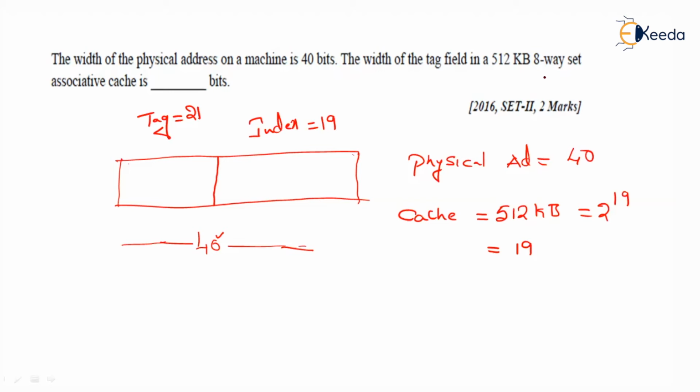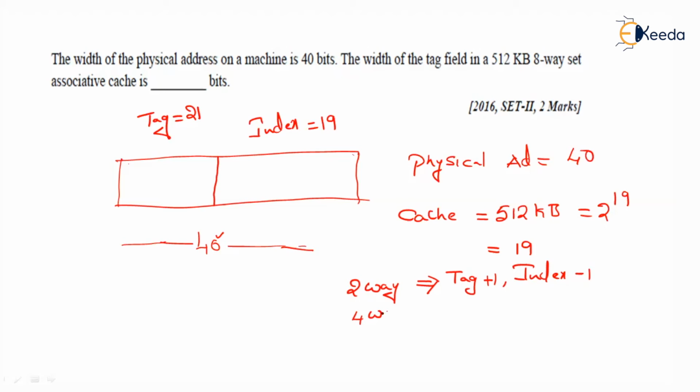You know that in 2-way set associative mapping, tag is equal to tag plus 1, index is equal to index minus 1. I will write it here. For 2-way, tag is equal to tag plus 1, index is equal to index minus 1.